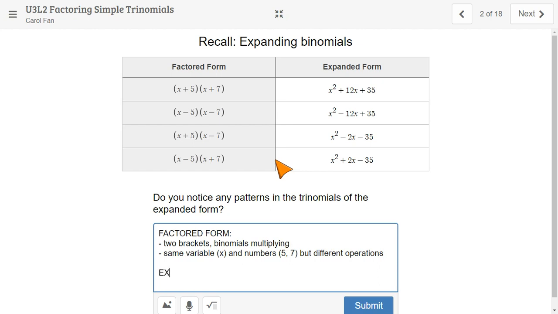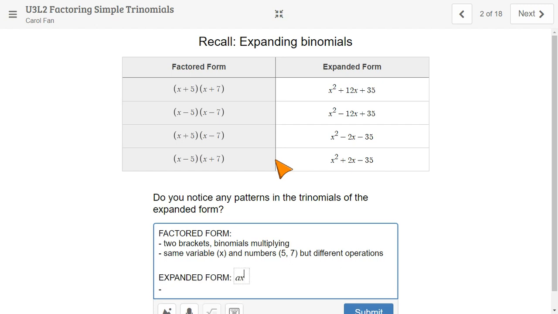Now, let's look at the expanded form. Similarities and differences. In the expanded form, we have our answer in an ax squared plus bx plus c form. So this is a trinomial.